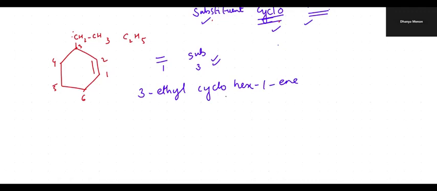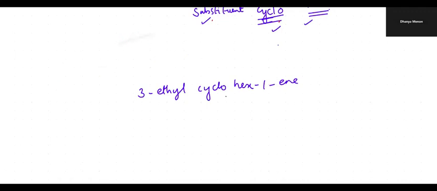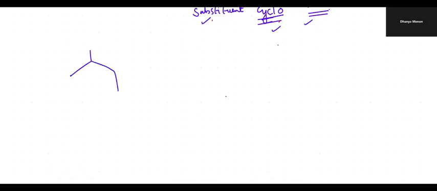Now, in case you get a structure like this, okay, CH double bond CH2. Okay, there is a ring, and there's a straight chain structure. Now, which one will be your substituent? Which one will be your root word?